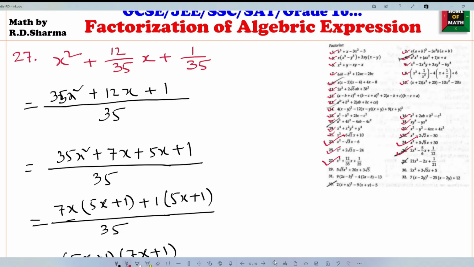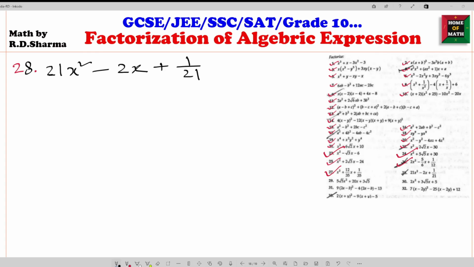Now 28, let's start. Look, 28: 21x² − 22x + 1 over 21.